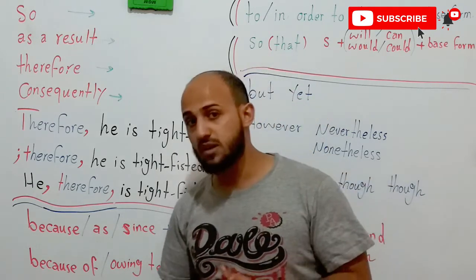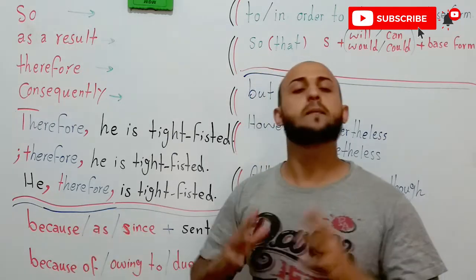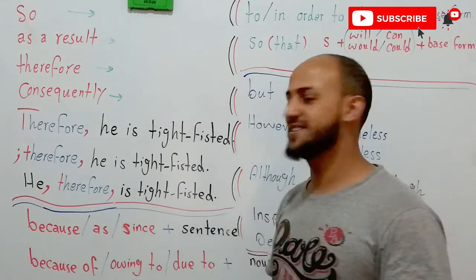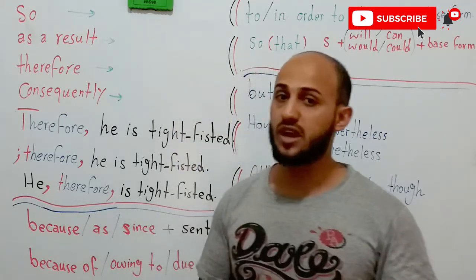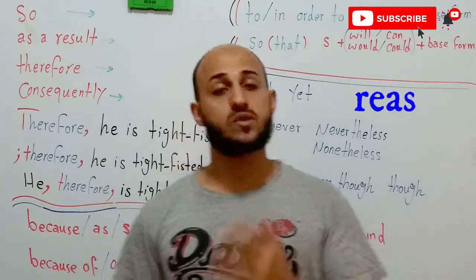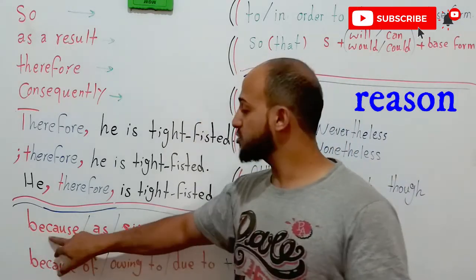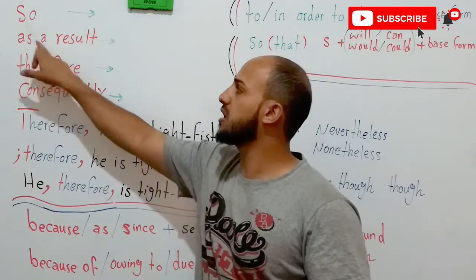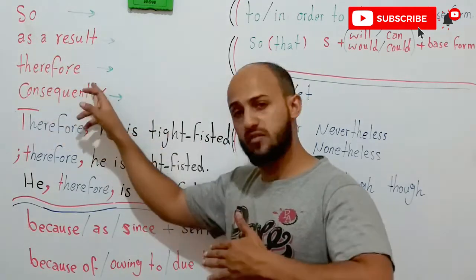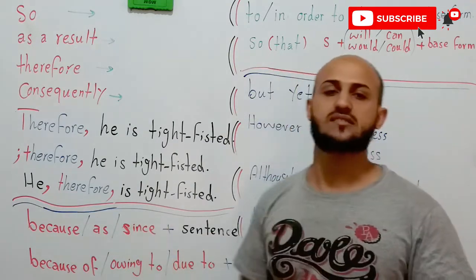Now let's talk about the most common word, which is because, all right? We use the word because to give a reason for something. As we said before, so and because. More formal than because is as, and more formal is since.